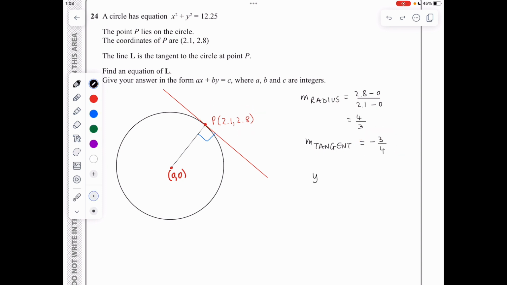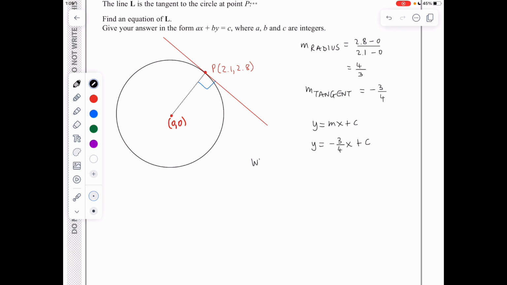So the equation of a straight line is y is mx plus c. We have already established that the gradient m is minus 3 over 4. So y is minus 3 over 4x plus c. We know that when x is 2.1, y is 2.8. So I can substitute: 2.8 is minus 3 over 4 times 2.1 plus c.